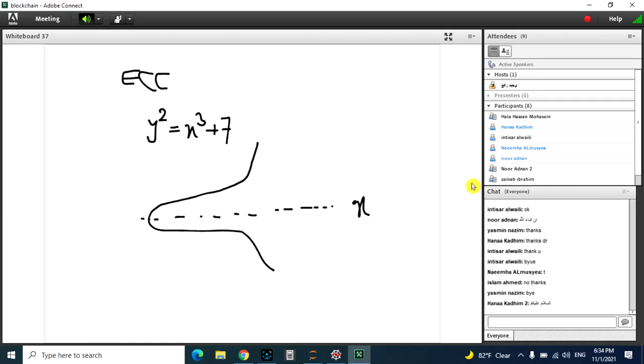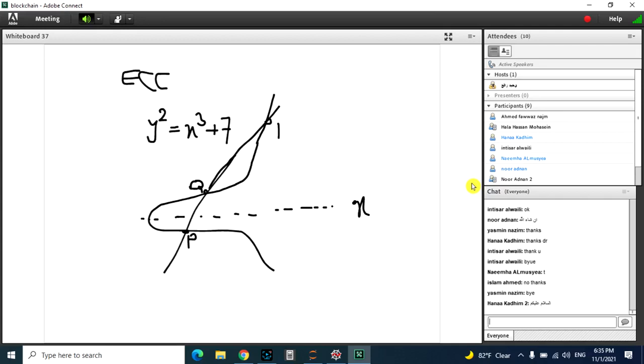Now, if we draw some lines like this, these lines may cut this curve in 3 points, or 2 points, or just 1 point.